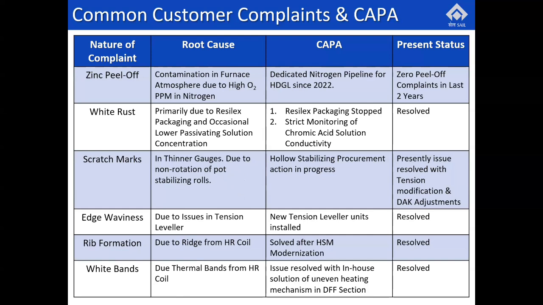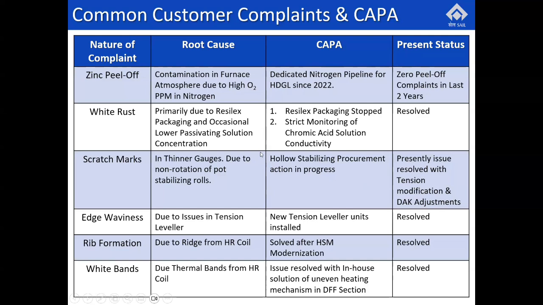And when there is a speed difference between the rotation and the linear speed of the strip, scratch marks are visible. So our procurement action is already in progress with hollow stabilizing rolls. Presently, the issue is tackled with adjustments in tension of the zinc pot and modifications to the air knife.